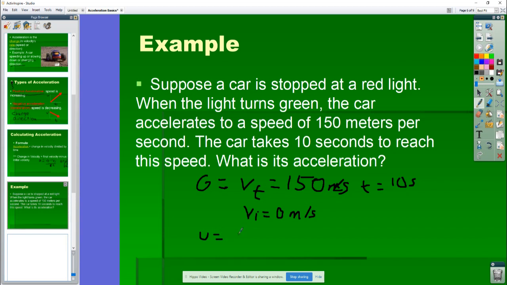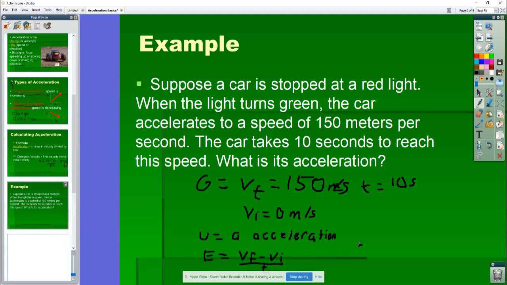What are we looking for? Acceleration, so A. Next step, what's our equation? Well, I am going to use this to make it easier to understand. Final velocity minus initial velocity divided by time. So we got that.